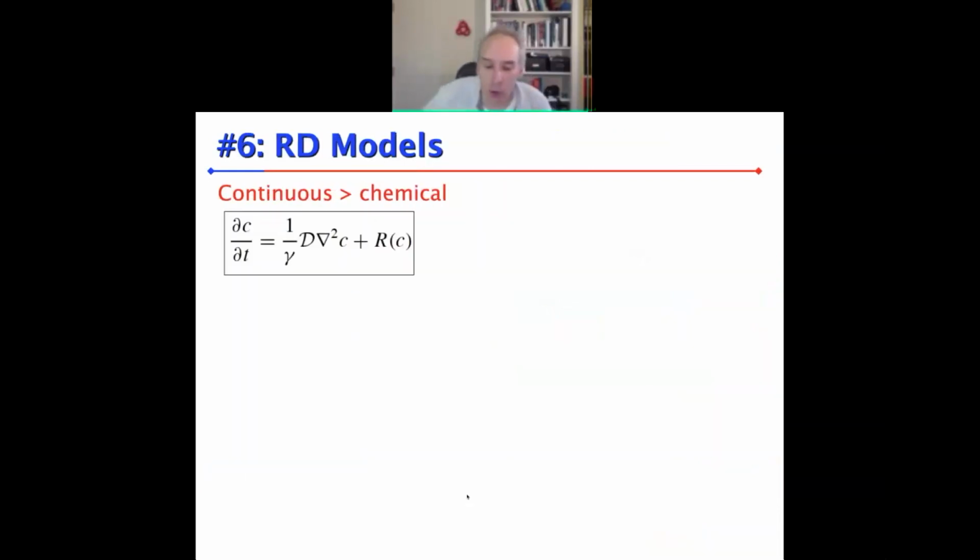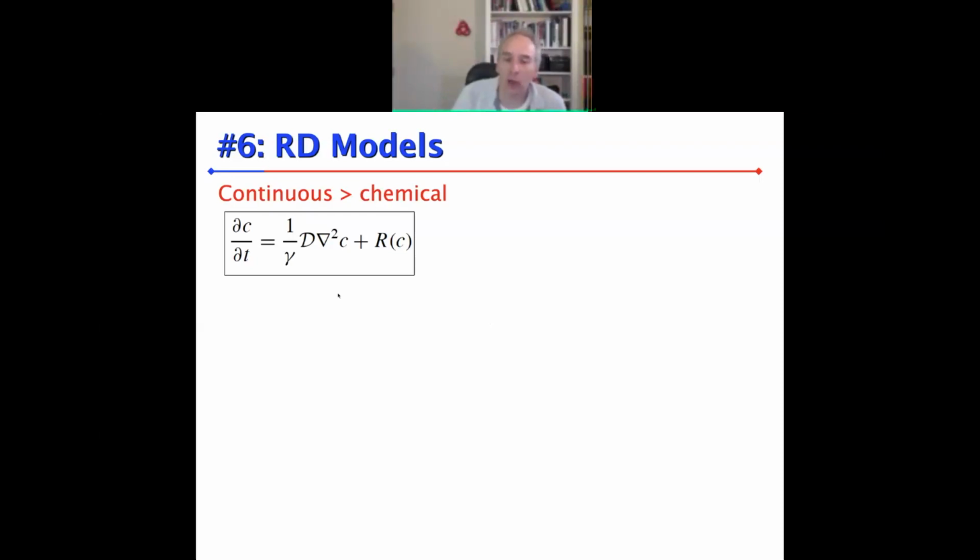Now, let me move to continuous model. One of the classical model for pattern formation, of course, is the Turing model, the reaction diffusion model. And one of the ideas was to extend that to growing domain. And that leads to very interesting results.